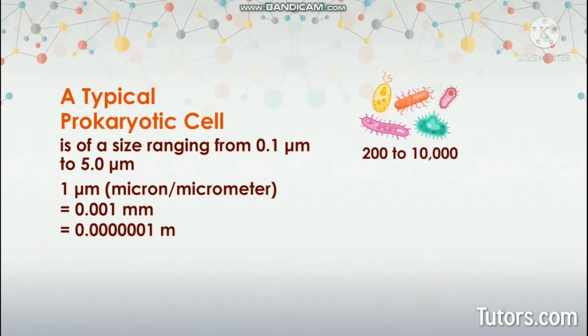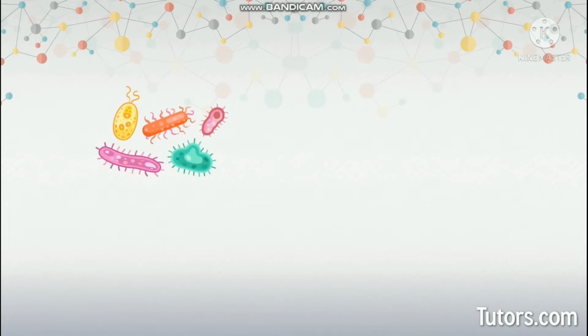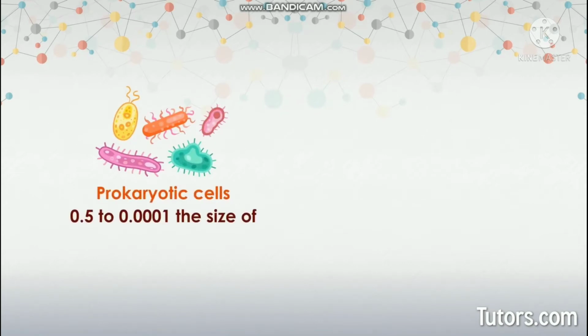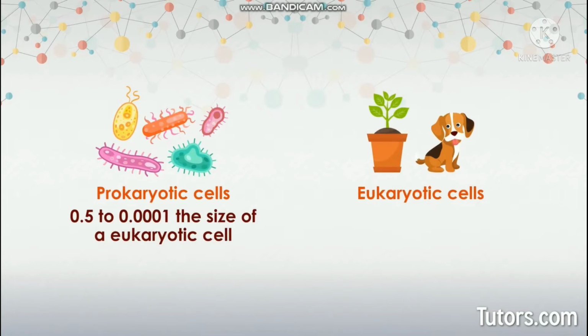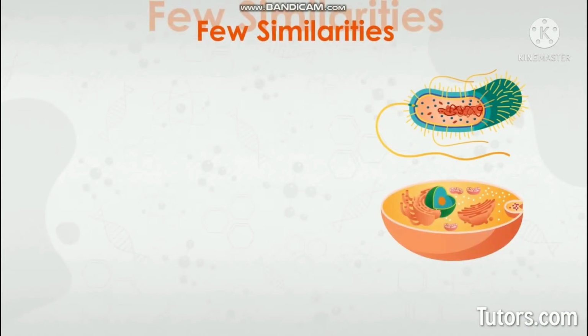Anywhere from 200 to 10,000 prokaryotic cells could fit on the head of a pin. Their small size makes prokaryotic cells just 1/1000th the size of a eukaryotic cell, which is typically between 10 and 100 micrometers. For all their differences, prokaryotes and eukaryotes have a few similarities too.